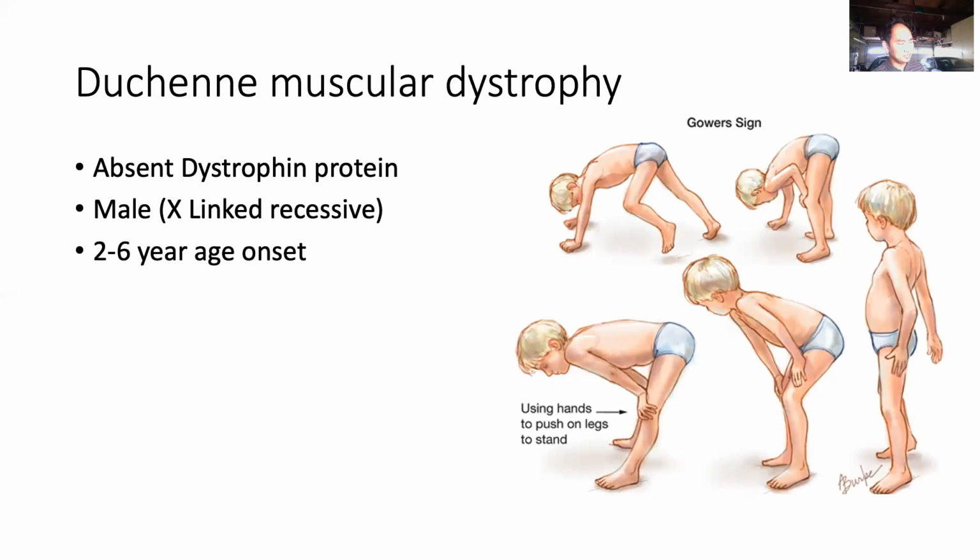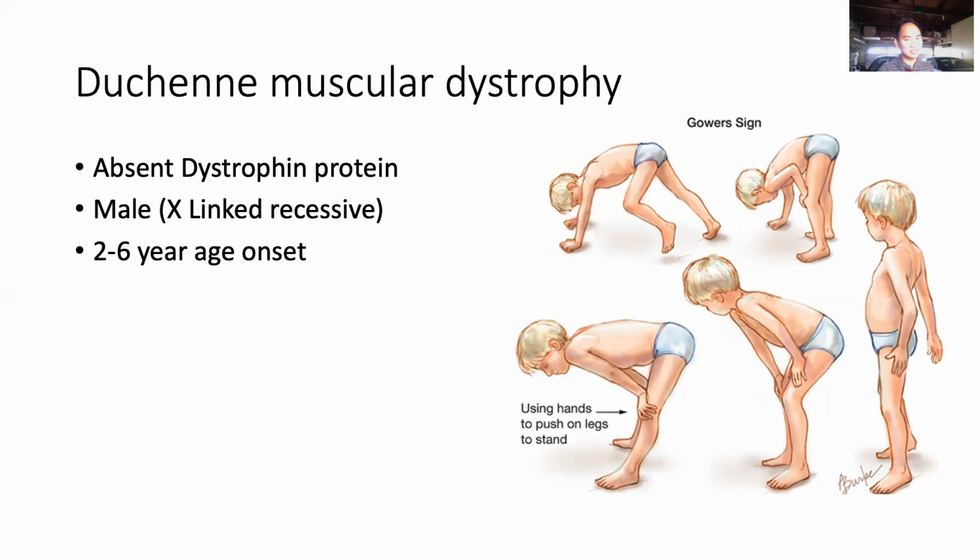When the child starts to mobilize and walk around, and tries to stand up, he cannot because his muscles are weak because of the muscular dystrophy. Why do they get muscular dystrophy? Because they do not have dystrophin protein in their muscle. So that is the way he is trying to stand up. Initially he is crawling on four limbs, then gradually uses his arms, putting them on his knees to try to stand up, and gradually he is able to do this.